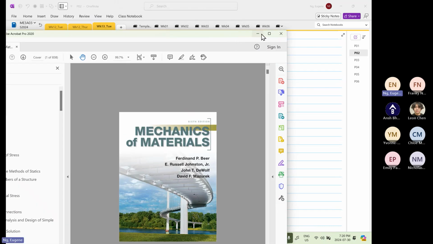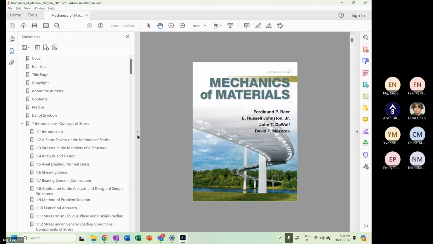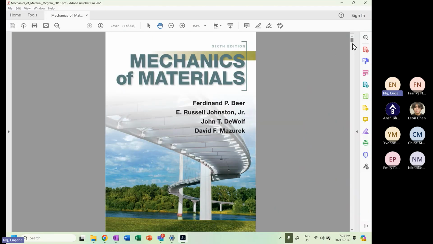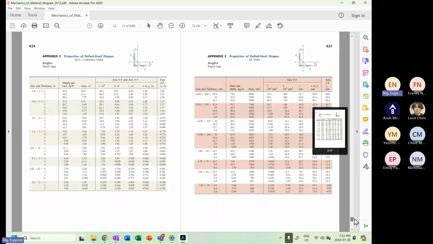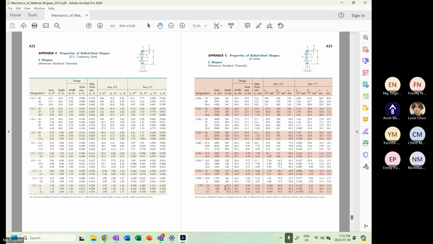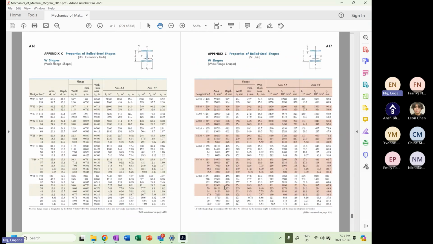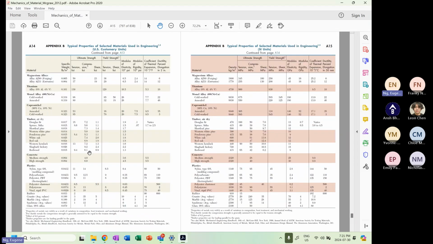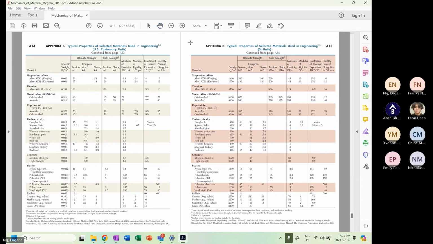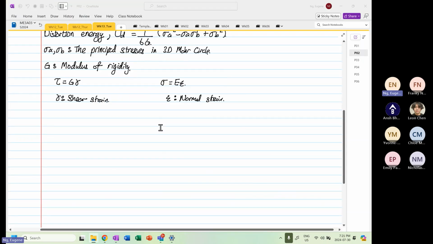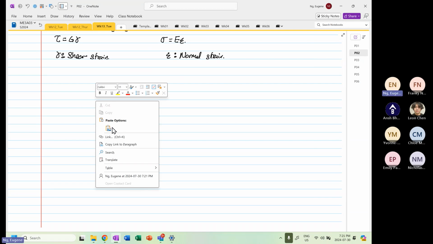Okay, so now I believe you can see the textbook. If we go far down enough, where is it? Yeah. I'm going to copy the table and paste it over here.